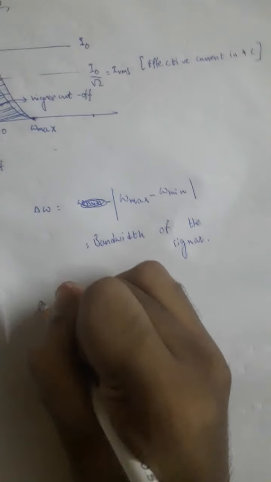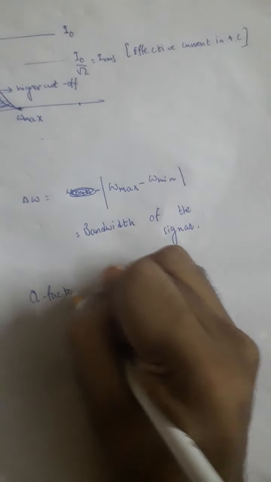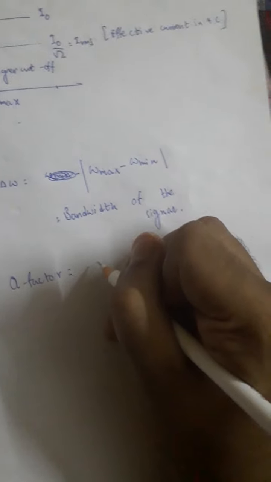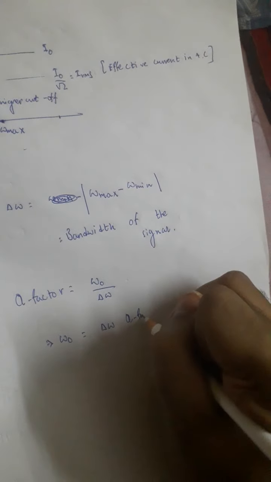So here the Q factor is equal to omega naught by del omega. So omega naught becomes dependent upon the Q factor. Okay, and if in this case the Q factor remains the same, meaning the peak value of the current remains the same, then the point moves along this way collinearly.